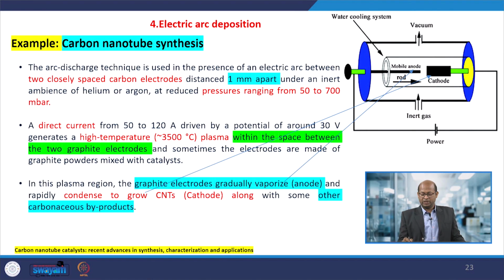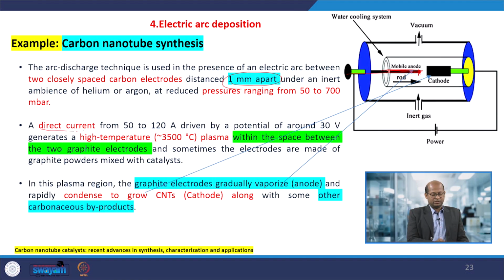Okay, so here you can see the mobile anode. This anode gradually evaporates or decays due to this electric arc deposition process, and the size of these materials gradually decreases, and then through movement it maintains the same distance between the two electrodes, and in this way you can get the desired product, either fullerenes or carbon nanotubes.